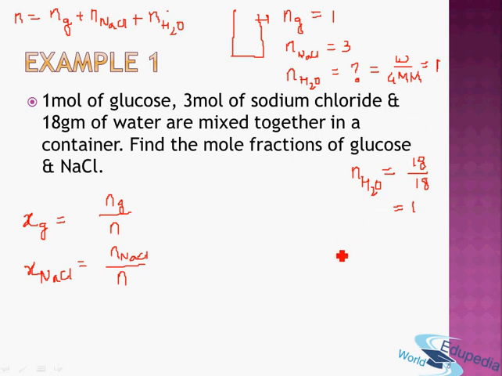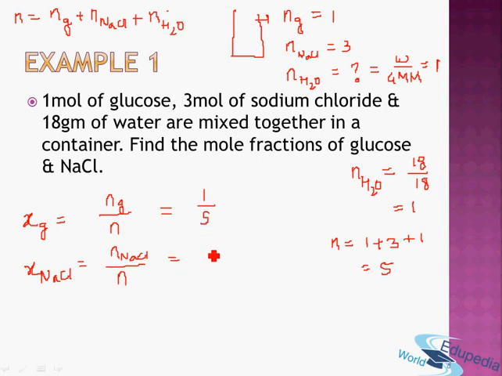Once I calculate this, I can easily calculate total moles. Total moles is N glucose plus N NaCl plus N H2O, that is 1 plus 3 plus 1, which comes out to be 5. Now I simply substitute the values in the formula. Mole fraction of glucose is moles of glucose, 1, divided by total moles, 5.